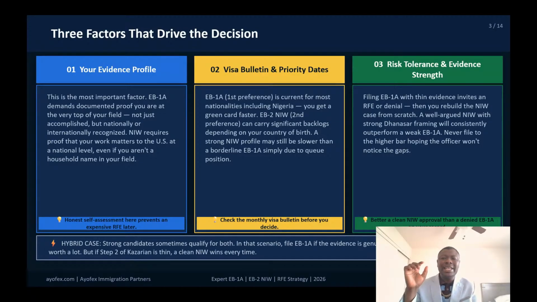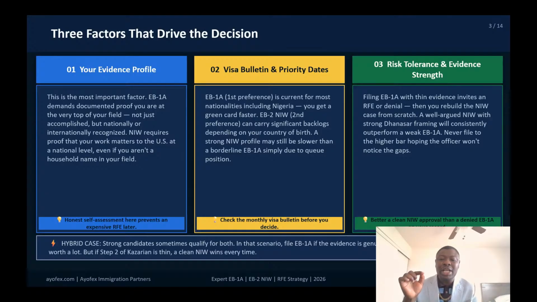You see, filing EB-1A with thin evidence invites an RFE or a denial. Then you rebuild the NIW case from scratch. But a well-argued NIW with strong Dhanasar framing will consistently outperform a weak EB-1A.